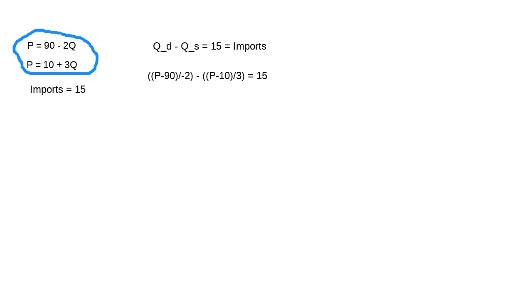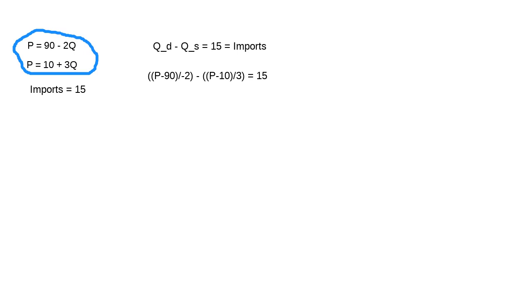So now we have one equation, one unknown, which is the price. Of course, we can solve this, and this just becomes algebra. Look what we did: we took the demand equation and wrote it in terms of quantity.